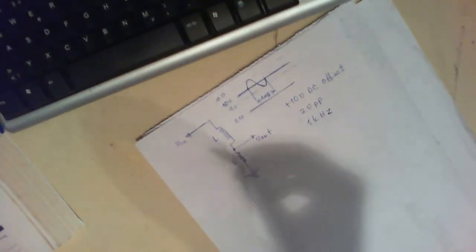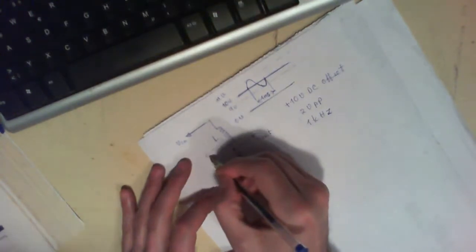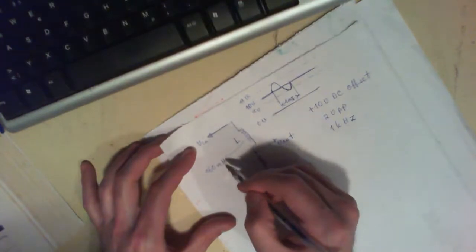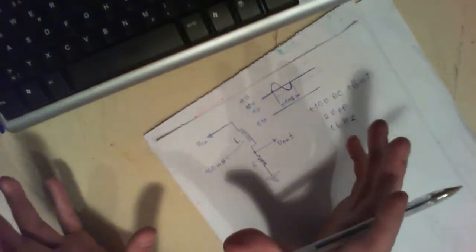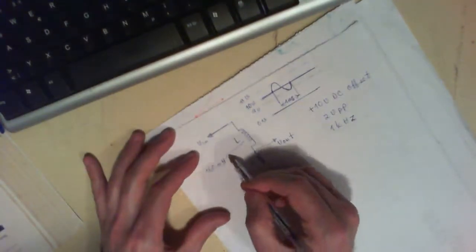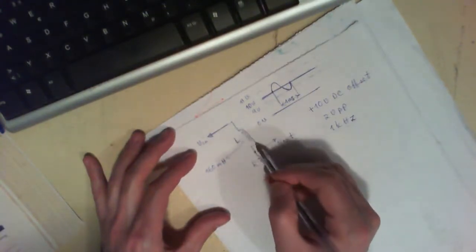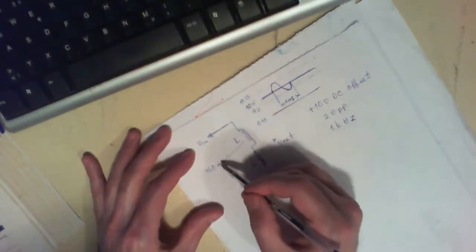And let's say that your L over here is 160 millihenry. The unit of inductance is Henry, and 1 Henry is usually a whole lot of inductance. Usual inductors are measured in millihenry or microhenry or something like that.